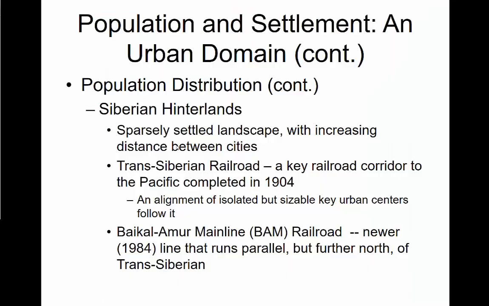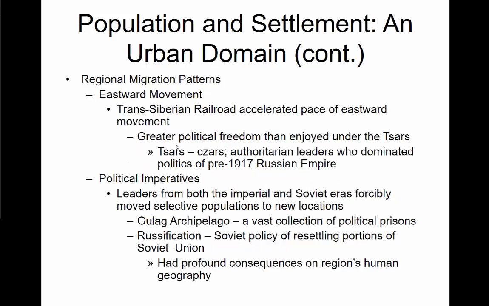Sparsely populated. They had the Trans-Siberian Railroad that was completed in 1904. We've got other railroads. This talks about some of the migration settlement patterns. The Gulag Archipelago, vast collection of political prisons.